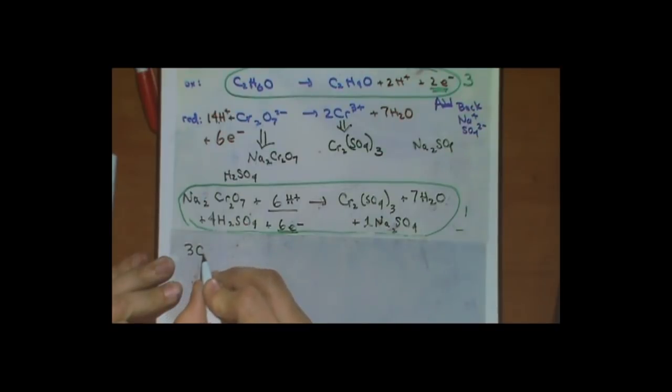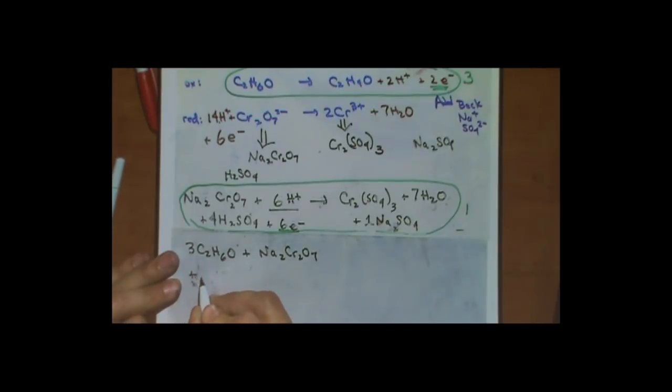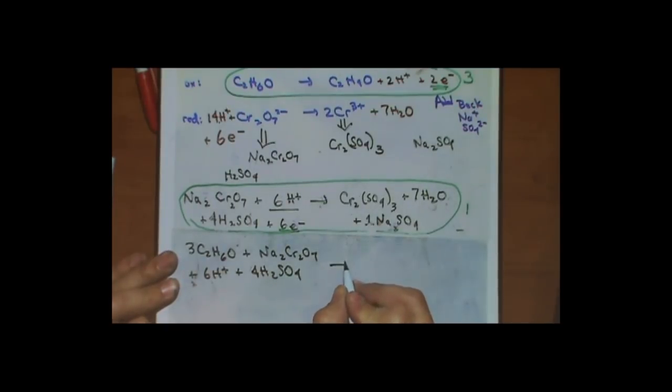I've got 3 C2H6O. I'm going to write all the reactants first. Plus Na2Cr2O7, sodium dichromate. Plus 6H+ plus 4 H2SO4. I don't need to write the electrons, they cancel.